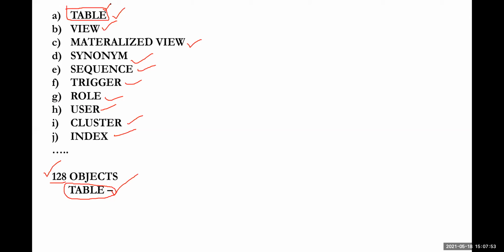Here, create is a keyword. In my syntaxes, if you see any word in capital letters, that is a keyword. So CREATE is a keyword, TABLE is a keyword, and here the table name is in lowercase letters enclosed within angular brackets.